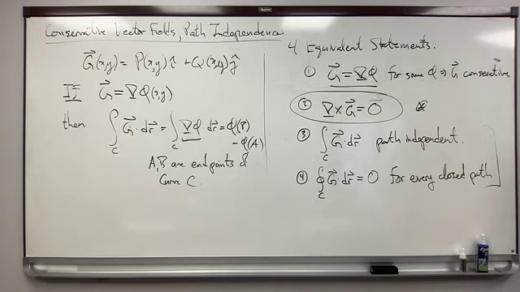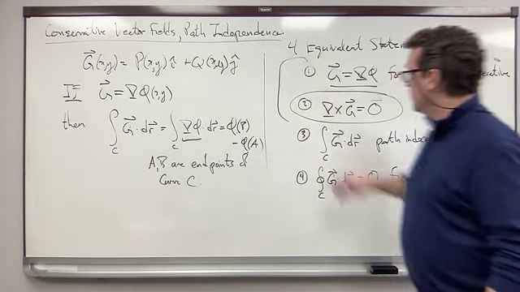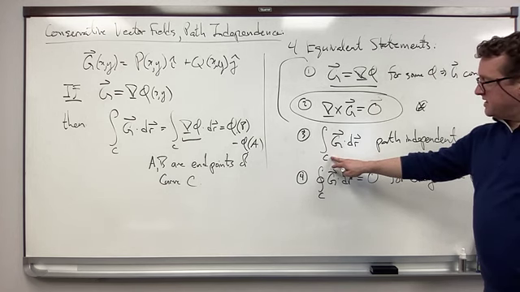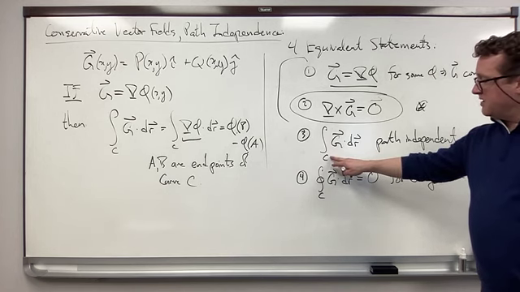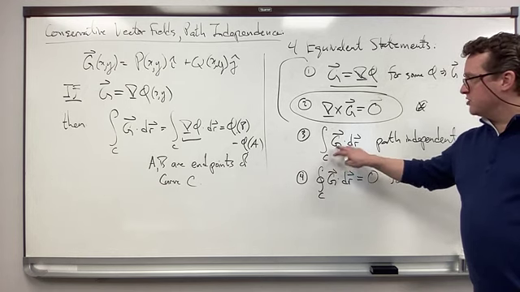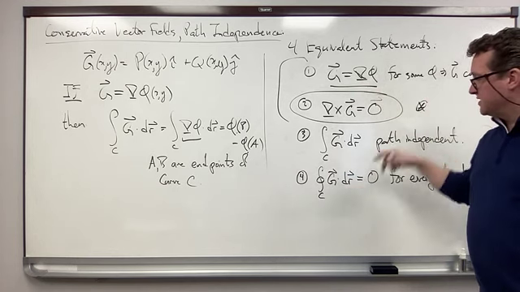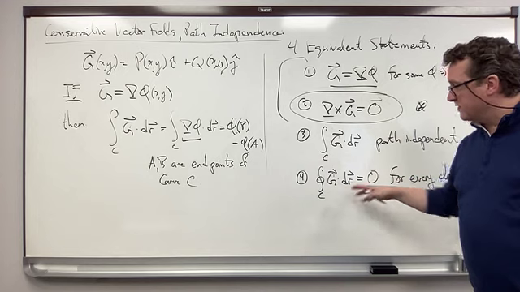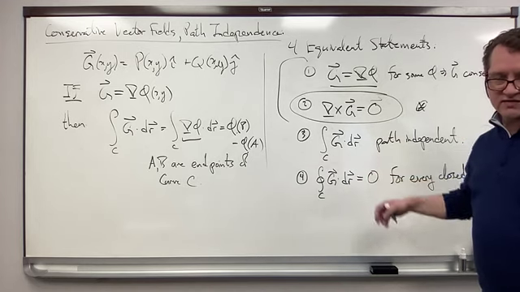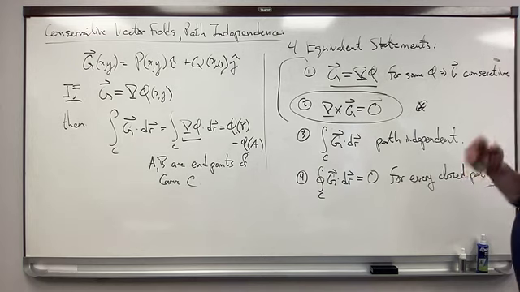These two go together and these two really go together, right? If this is path independent, that means it's only dependent on the endpoints. But if it's a closed contour, the endpoints are the same. So this is going to be equal to the difference in phi at the endpoints, but here we have the same endpoint, so this must be 0. So these two are almost the same thing. Knowing one directly gives you the other one mathematically.